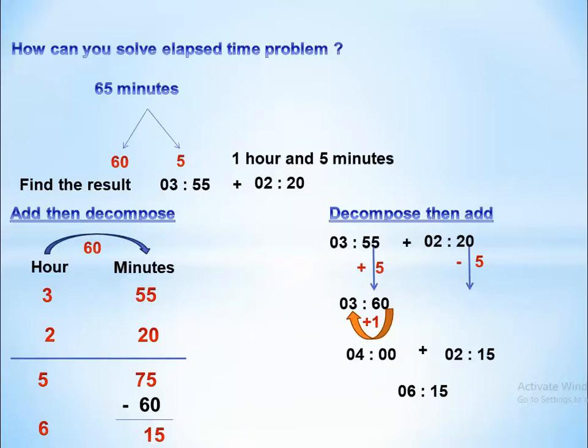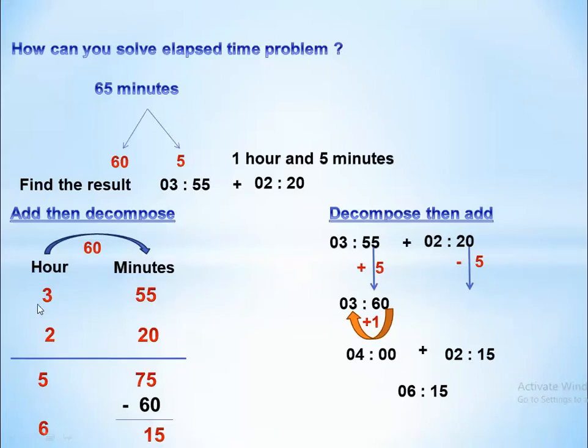Let's look at the two strategies again. We have a rule: it doesn't work to have 60 in the minutes. 60 minutes is 1 hour, we can deal with it like 1 hour. So if I want to add then decompose, we have hours and minutes, and we know that from hour to minutes equals 60.